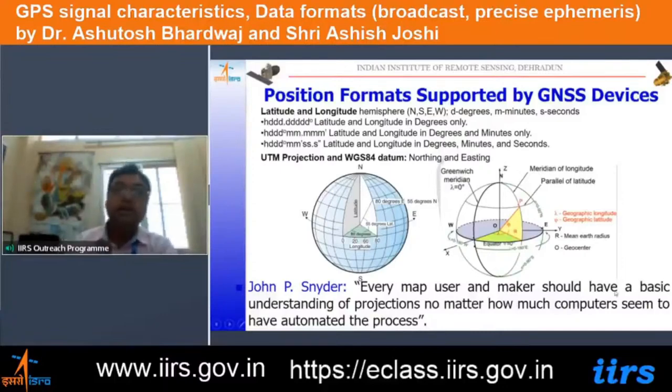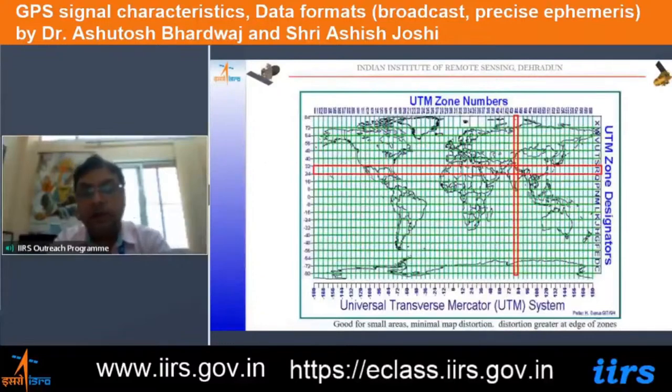Some understanding regarding projection should also be there when we are using the GPS, because we have to do different types of settings. Either we can do it in geographic lat long to make it simpler, or many of us use the UTM zone also, so we should have an idea about the UTM zone numbering system so that we can feed in the correct number for the survey, because each UTM zone has a separate origin.